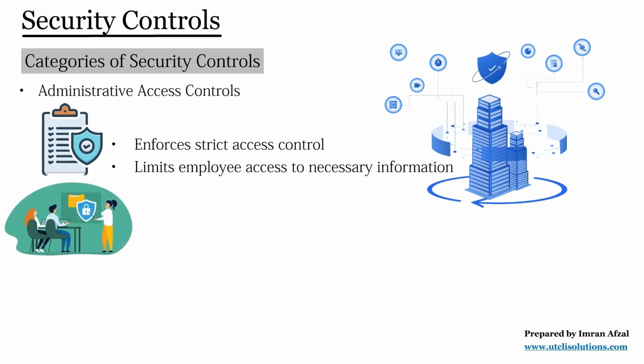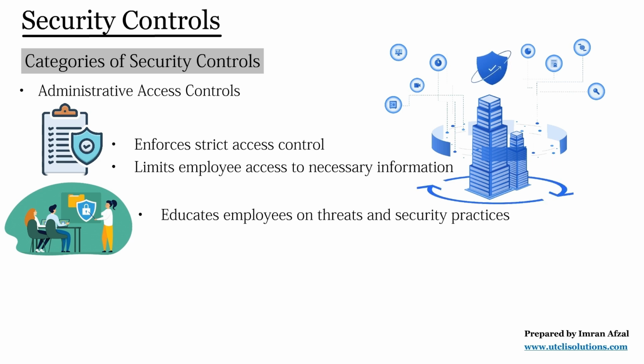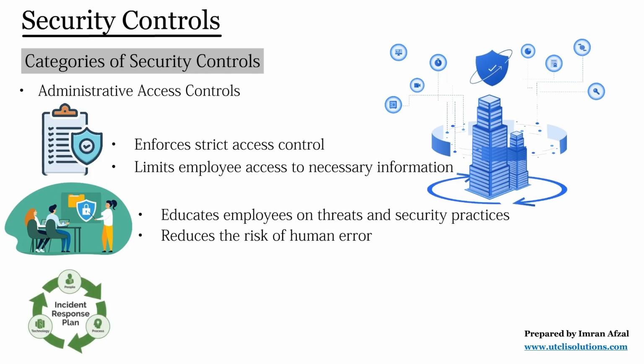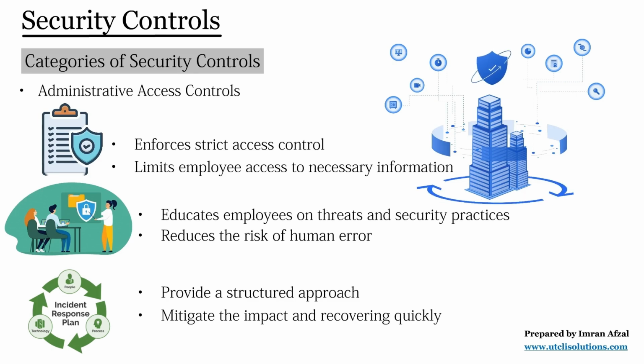Well, regular security training programs educating employees about potential threats and proper security practices also reduce the risk of human errors. Also, a well-placed incident response plan ensures that, in the event of a security breach, there is a clear and organized approach to mitigate the impact and recover quickly.